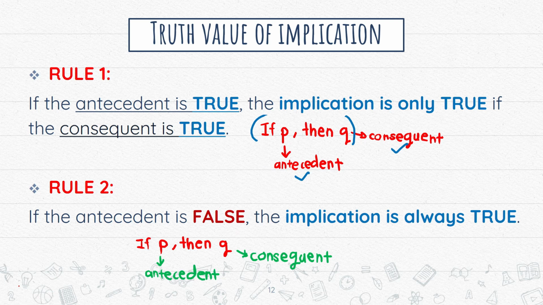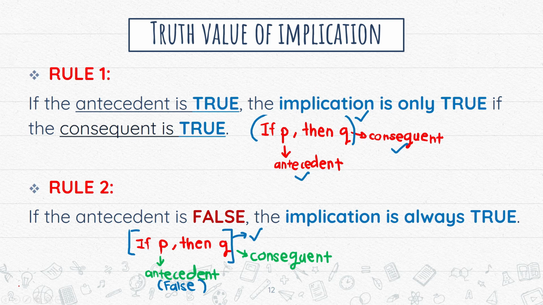If P is false, that means this whole implication will be true. For rule number 1, if the antecedent is true, the consequent also needs to be true for the whole implication to be true. This is the rule for the truth of implication.